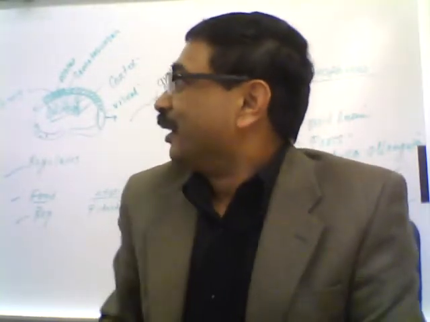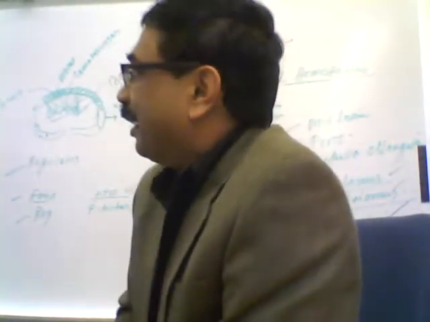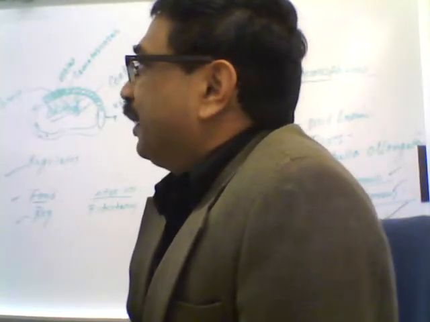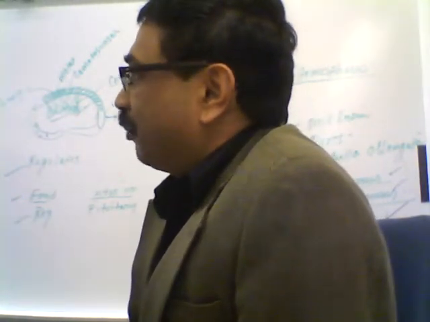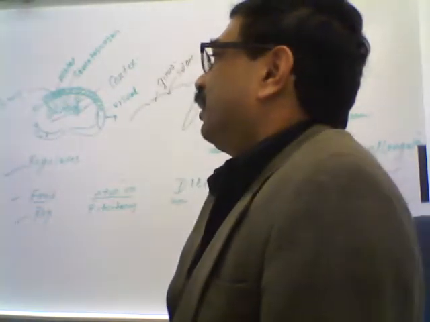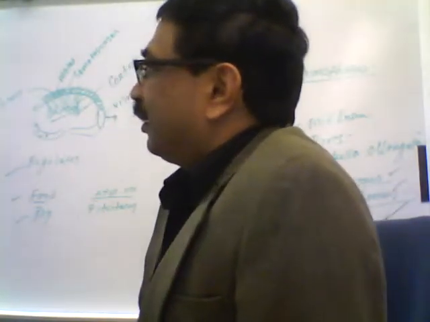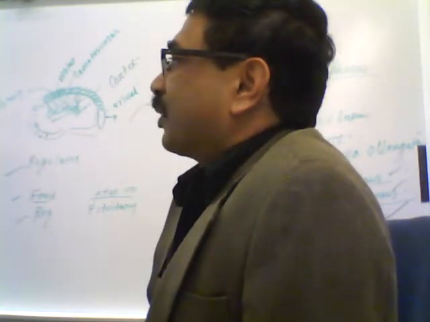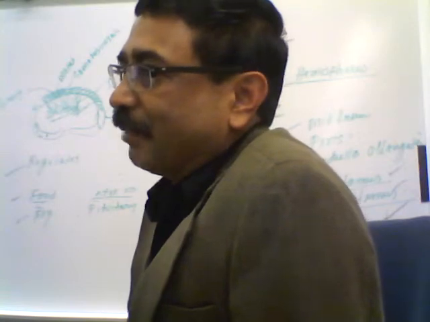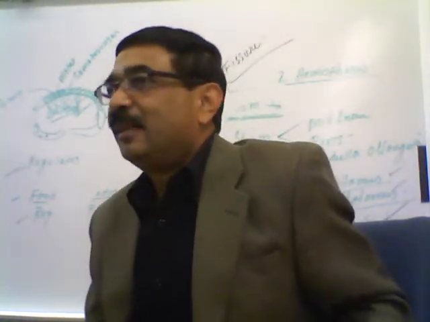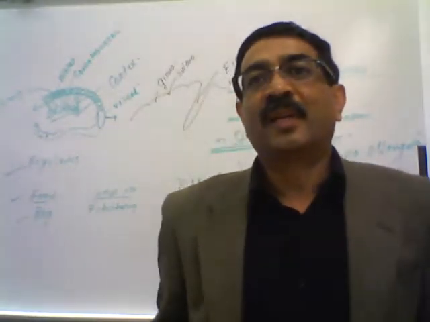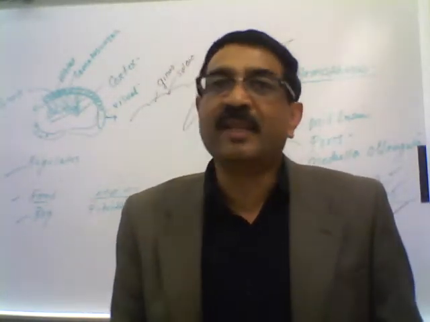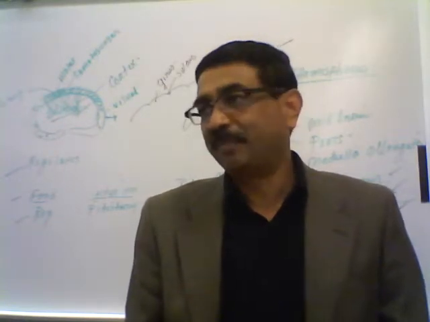Now you see another area, part of it in the parietal lobe and part of it in the temporal lobe. That dotted area is called Wernicke's area. And this area, Wernicke's area, is responsible for understanding the speech.